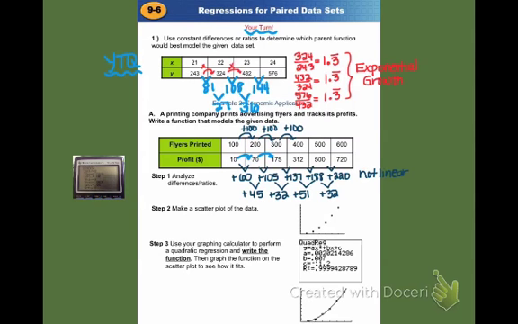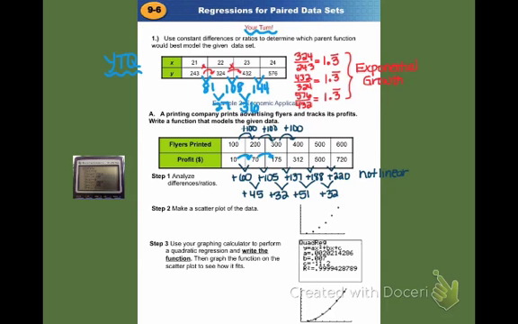And then I did the same thing on the Y-axis because the highest profit I see is 720. I also changed the scaling on both to 100, so each tick mark represents 100. In the case of the X's, it's 100 flyers, and in the case of the Y, it's $100.